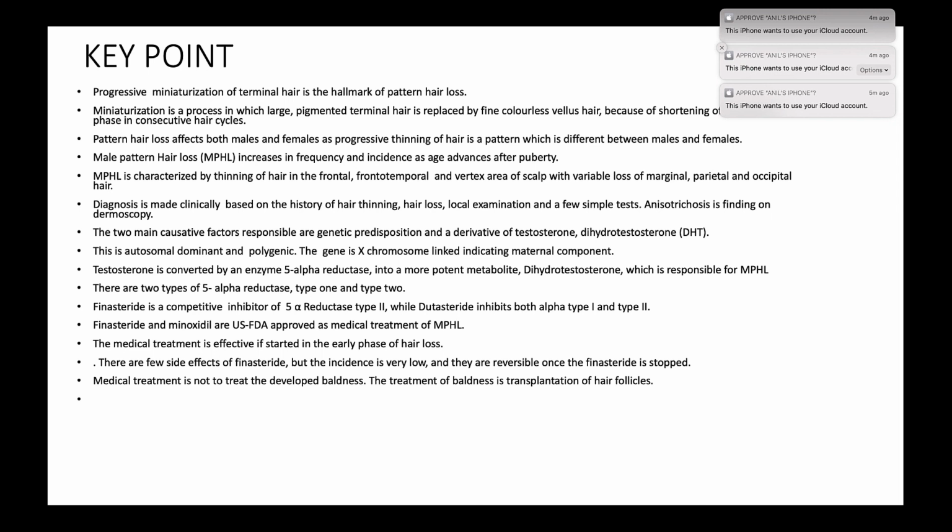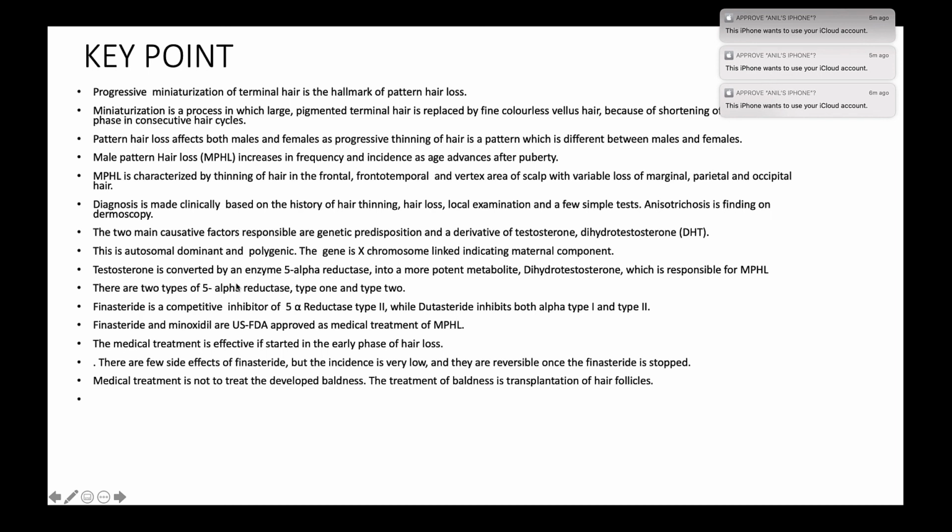The diagnosis is made clinically based on history of hair thinning, loss of hair, local examination, and a few simple tests. Anisotrichosis is a finding on dermoscopy. Two main causative factors responsible are genetic predisposition and a derivative of testosterone, that is dihydrotestosterone. It is autosomal dominant and polygenic. The gene is X chromosome linked, indicating the maternal component.